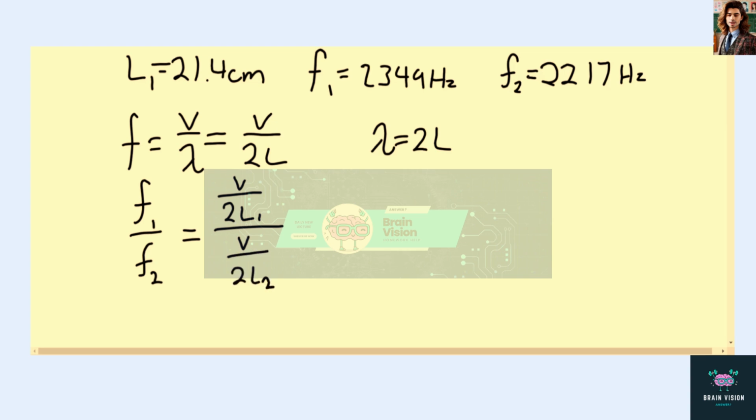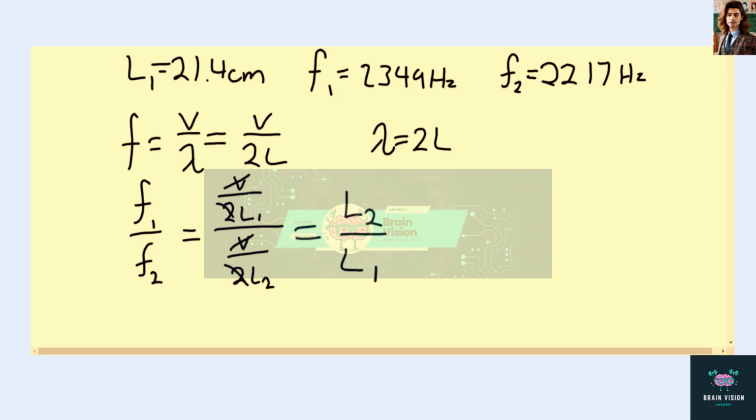And we can say that the speed of the wave is the same because the material of the string has not changed at all. So naturally, the V's cancel, and then the 2's cancel. And then if we evaluate the fraction and simplify it, we get the L2 flipped to the numerator and the L1 stays in the denominator. So we end up with L2 over L1.